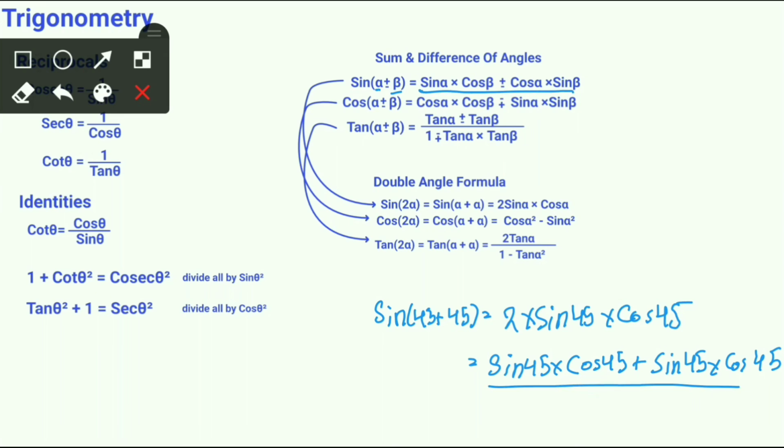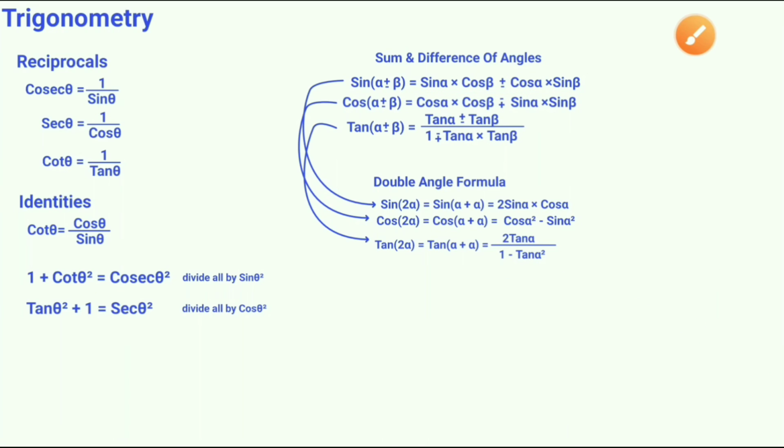So right here you can see that it's the same thing, and then if you try to add them up, 1 sine 45 cos 45, 1 sine 45 cos 45, then it will come like this: 2 sine 45 cos 45. That's how it is.